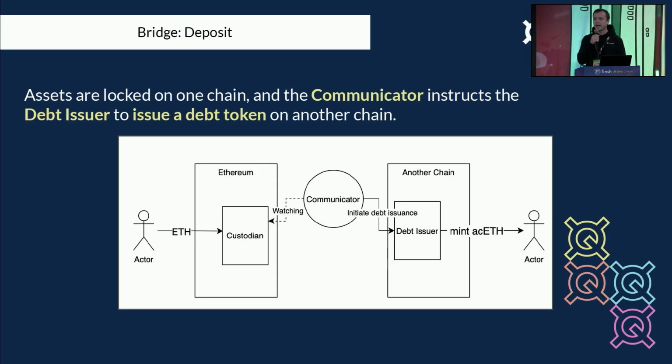While we say that assets are moved from one chain to another, in actuality, assets are usually locked on one chain, and then on another chain, another version of that asset is minted by a component that we will call the debt issuer, whereas the original assets will normally be held in what we call the custodian. At the same time, the communicator is usually an off-chain component that facilitates the interaction between the custodian and the debt issuer.